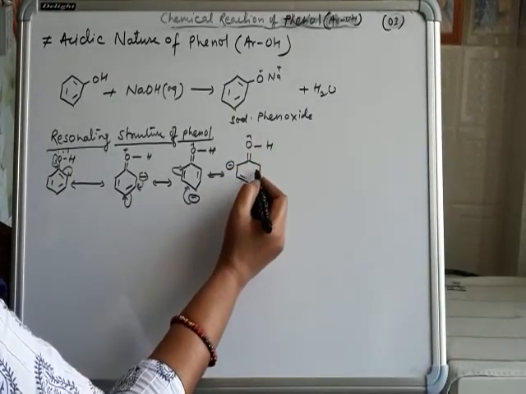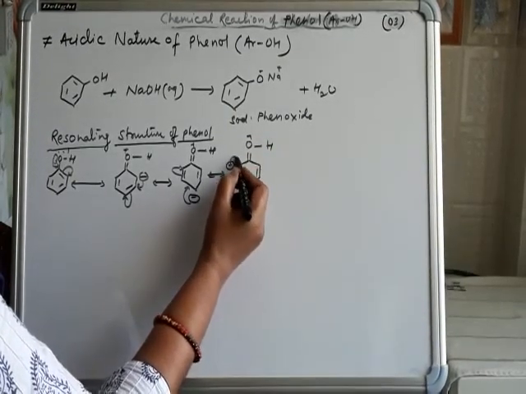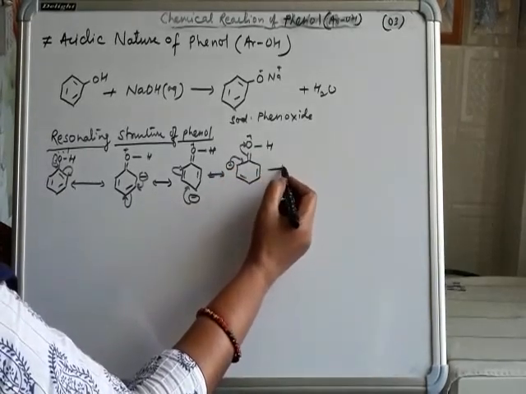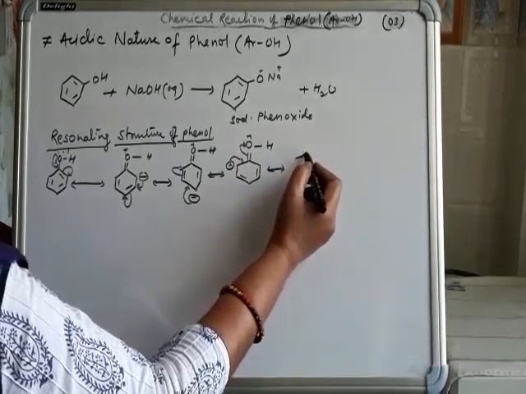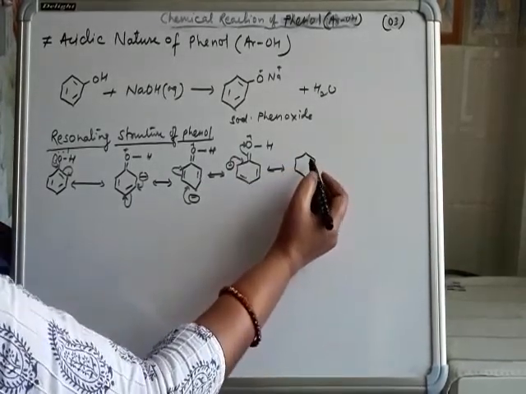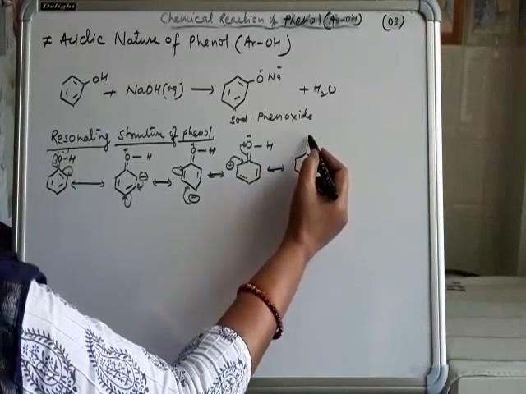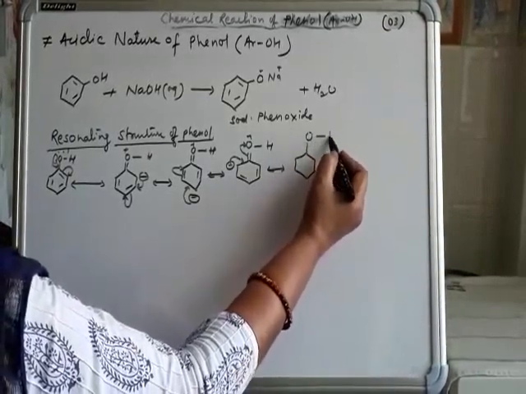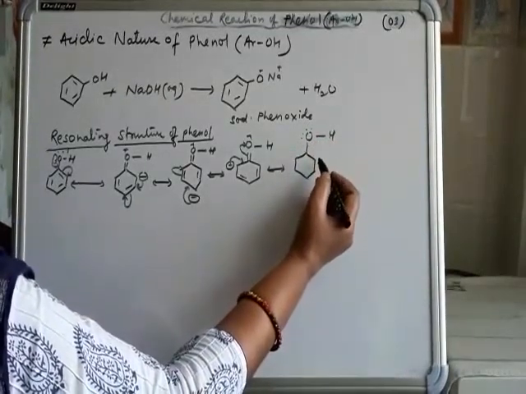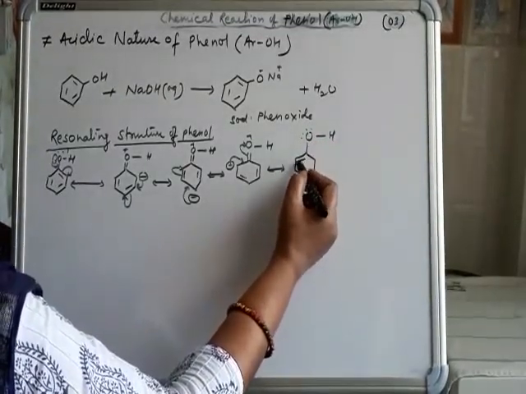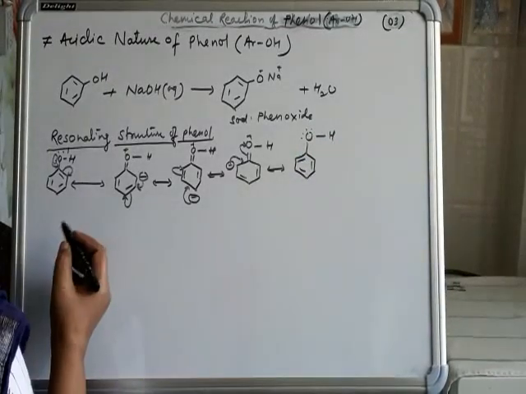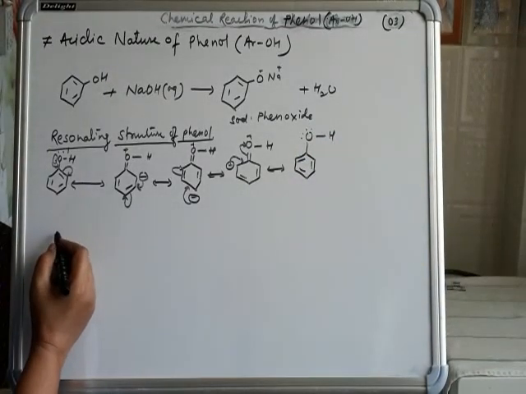This electron comes here and again goes to that position. The resulting structures help to understand the acidic nature of phenol. Due to resonance, oxygen acquires positive charge, so hydrogen is easily released, and we see that no such resonating structure takes place in alcohol.